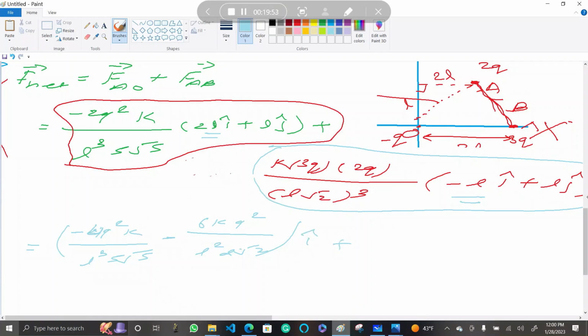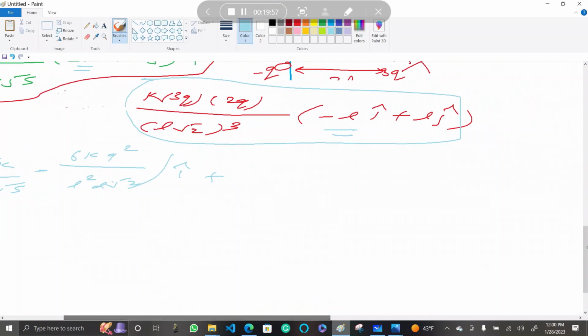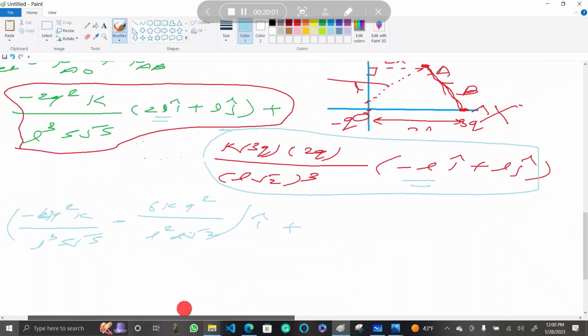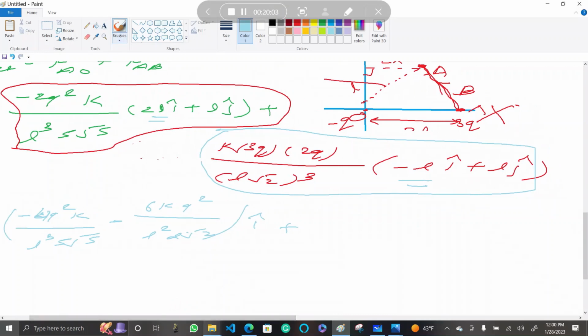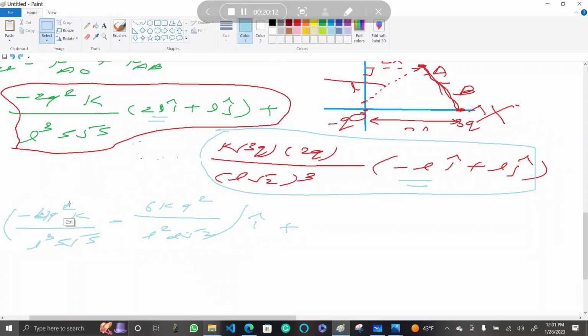and the common is, let me change the sign here. I get minus, and here 2 comes and it goes is 4, so this goes along the i direction.